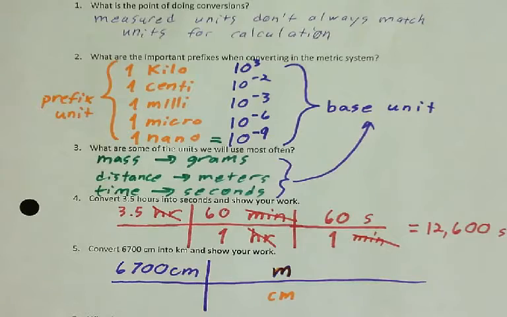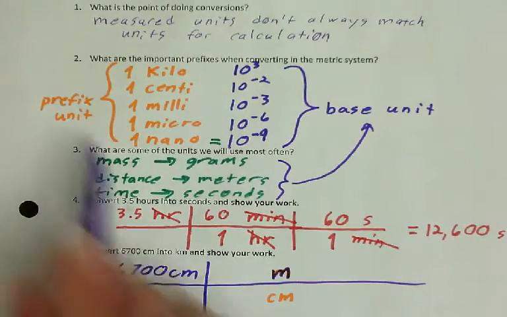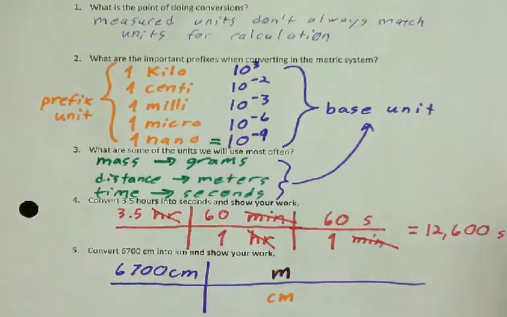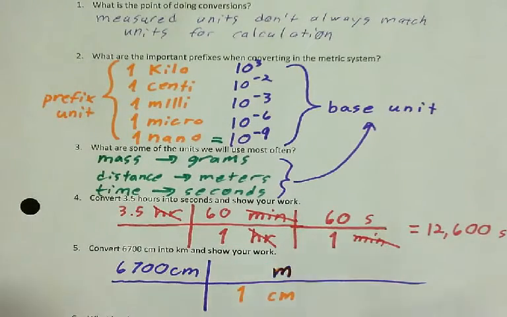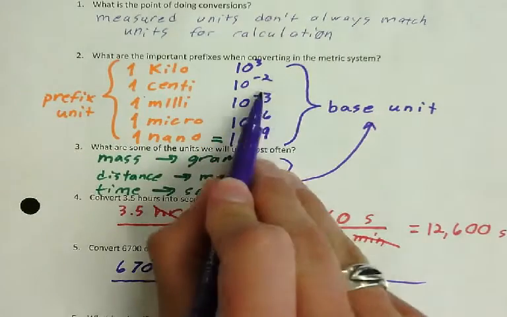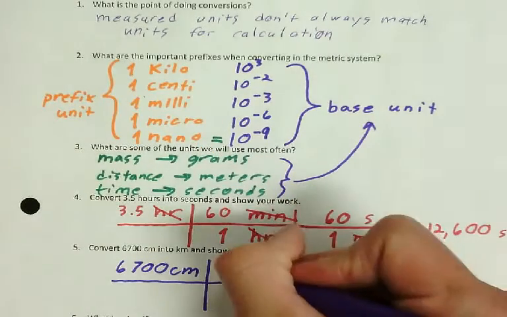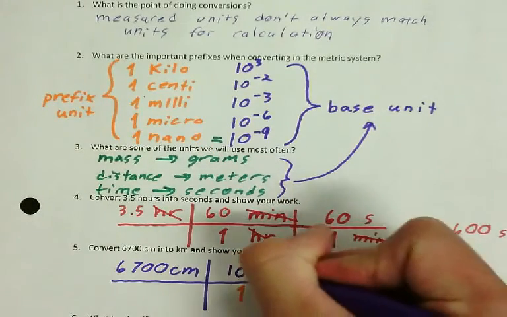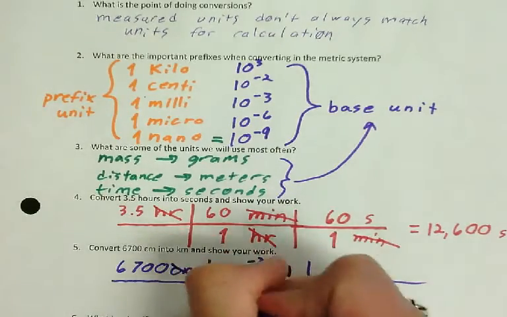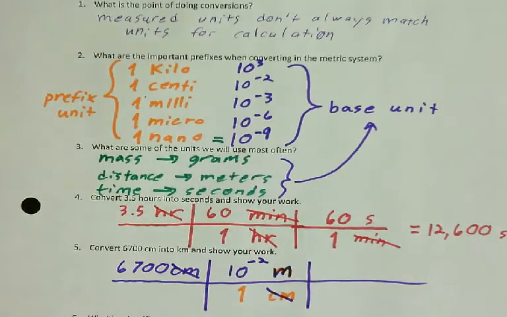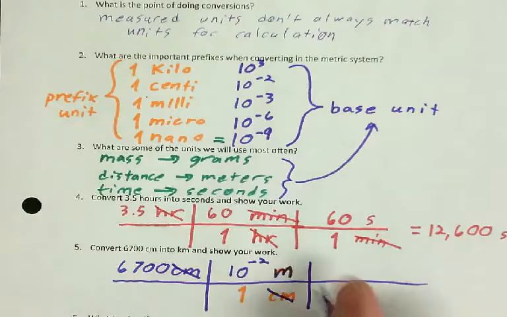Okay. Now, what numbers go where? The prefix unit, centi, gets a 1. The base unit for centi, go across, 10 to the negative 2. Okay? Centis are gone. Now we need to go to my next one. I have meters. I'm going to kilometers. So the base unit goes on the bottom.